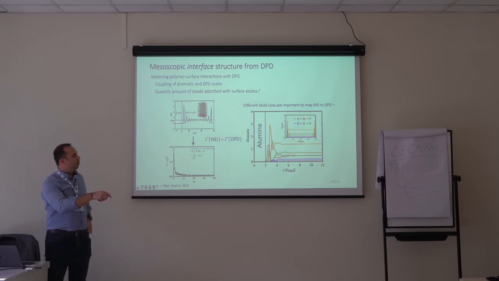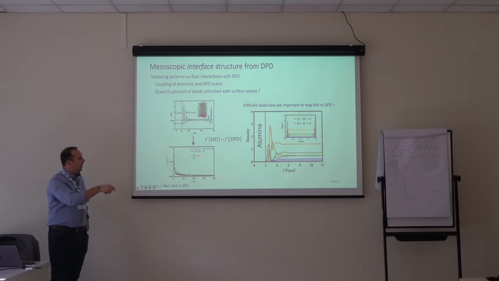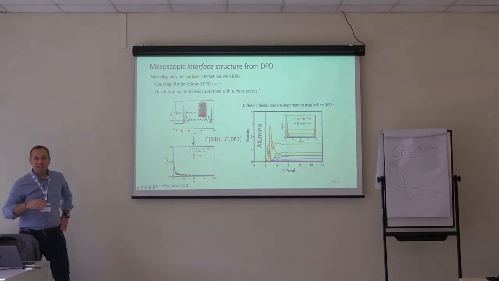That means you take monomer A, you make an all-atom representation of monomer A with the alumina, and then you get a density profile. When you normalize this density profile, you get the surface excess, and for different types of beads, no matter what you take chemically, you end up with a master curve. In this work, we achieved that.